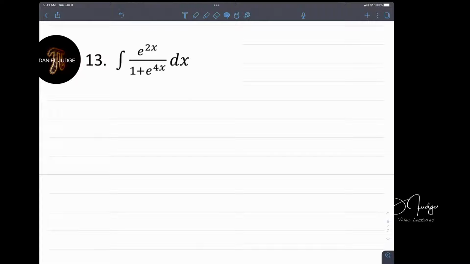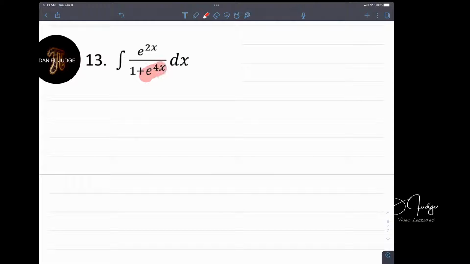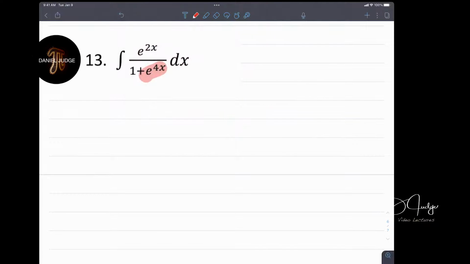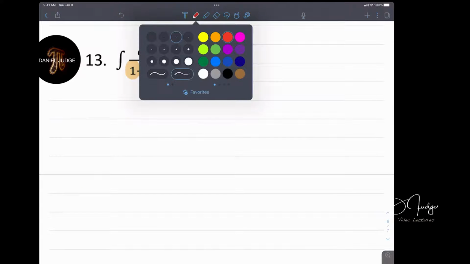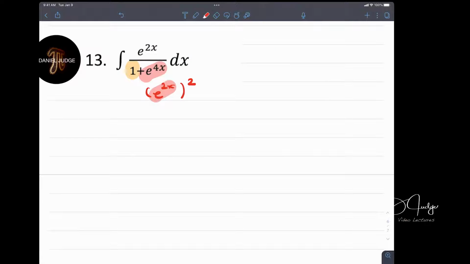It kind of looks like that inverse tangent. Here's what I mean. We're going to write this e to the 4x as e to the 2x squared. Notice you still have that 1 there. So what we're going to say now is we're going to let u be this e to the 2x.